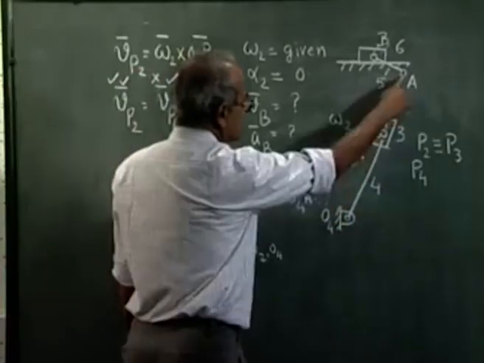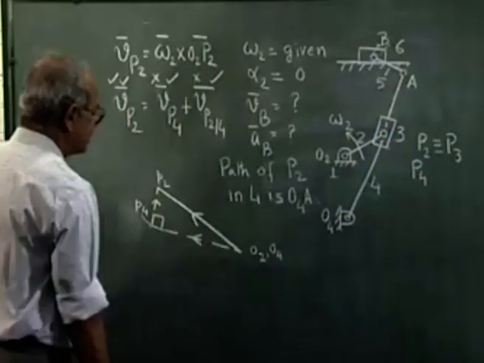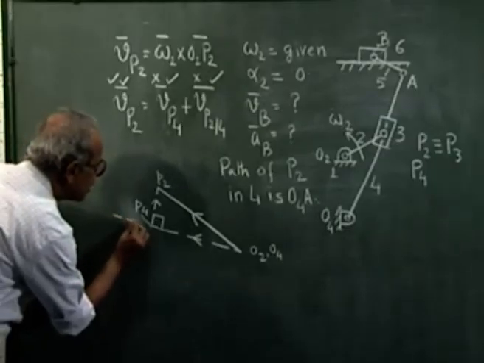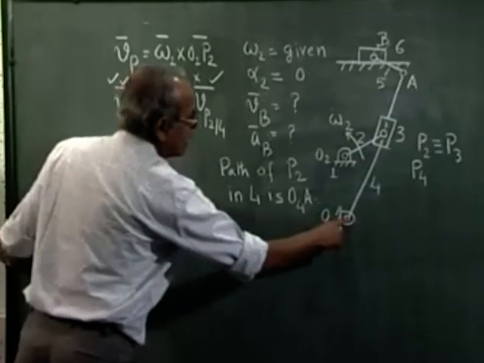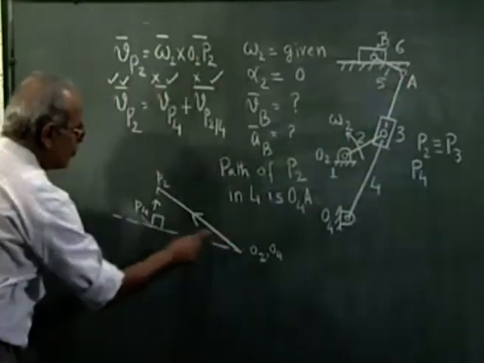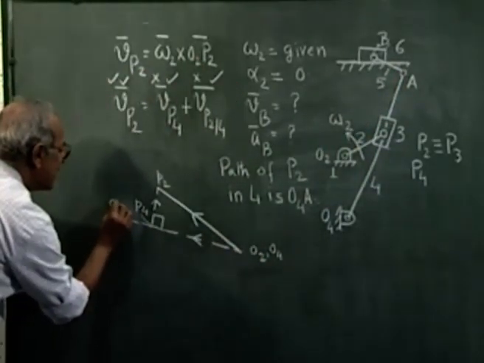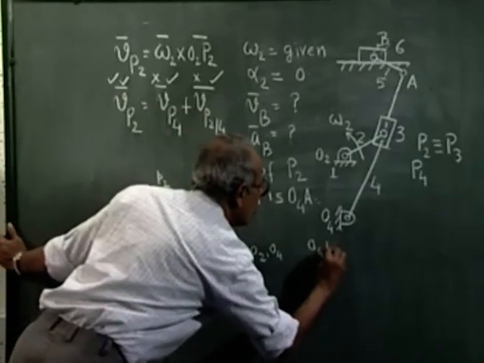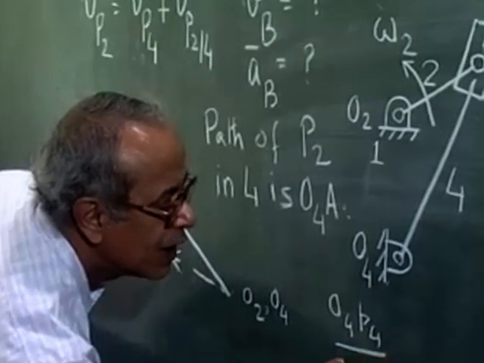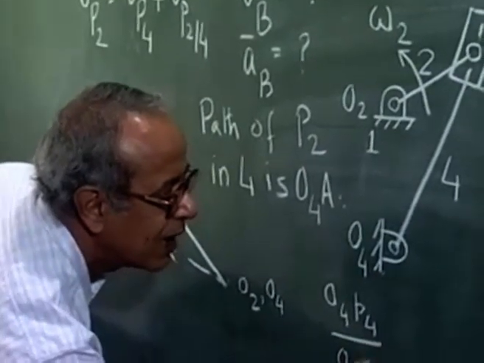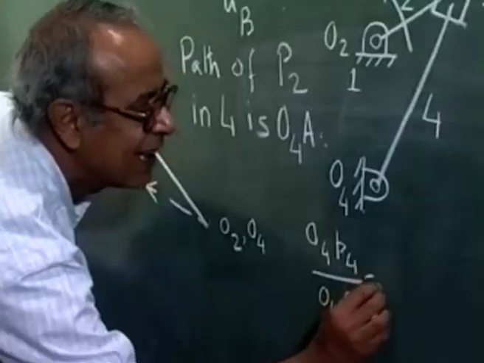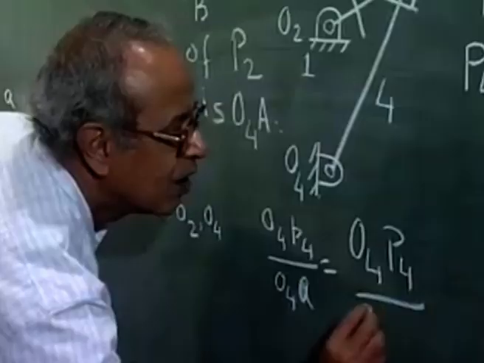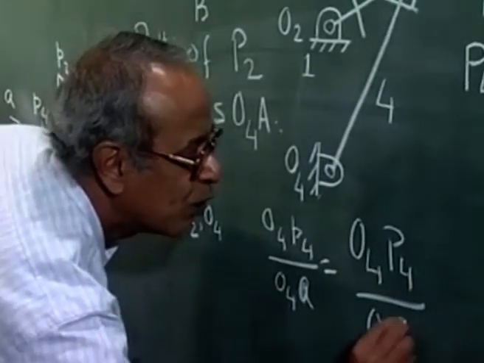So for the velocity of the point A, I use the concept of velocity image and draw a diagram similar to this line O4 P4 A. I write O4 P4 A such that O4 P4 by O4 A is o4 p4 by o4 a.